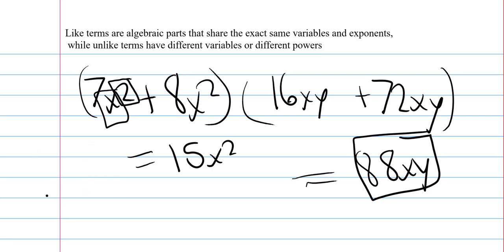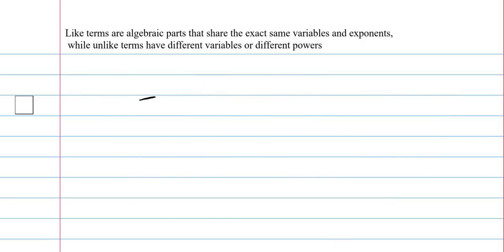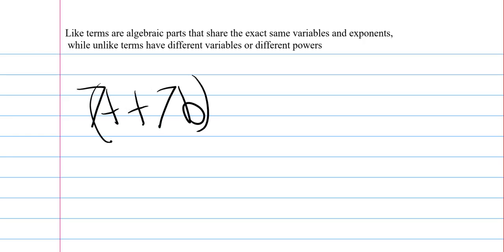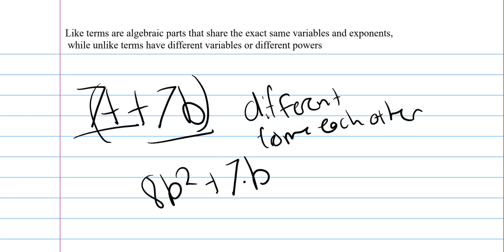Unlike terms, on the other hand, are different from each other. That could be 7t plus 7b. I cannot add both of these because they are different terms. Next would be 8b squared plus 7b.